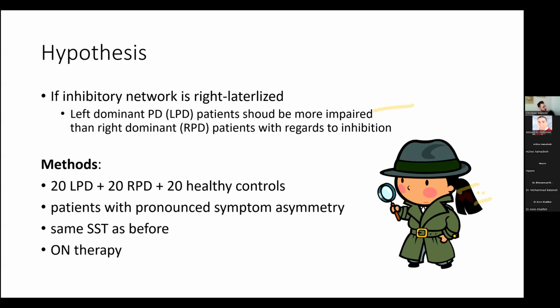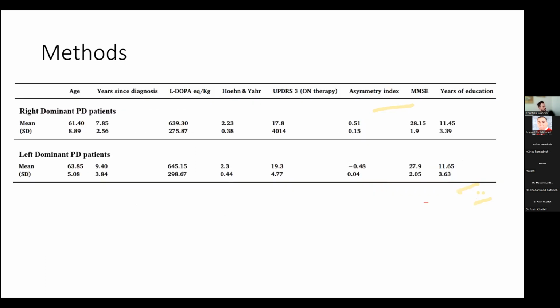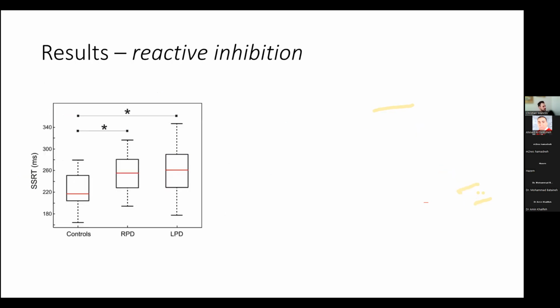So we collected 20 patients that have left symptoms and 20 patients that have right symptoms and 20 healthy controls. We chose only patients with a pronounced symptom asymmetry, and they did our stop signal reaction time task as before, and they were on therapy. Here is a brief summary of our patients, and here are the results.